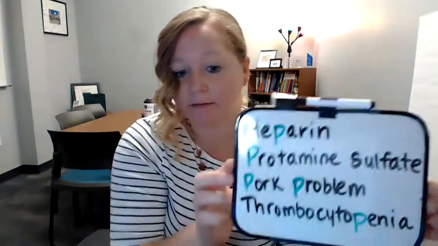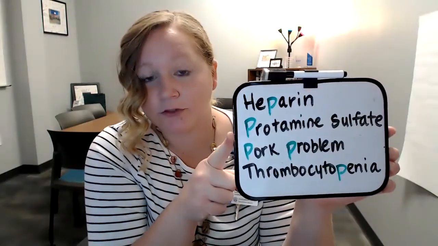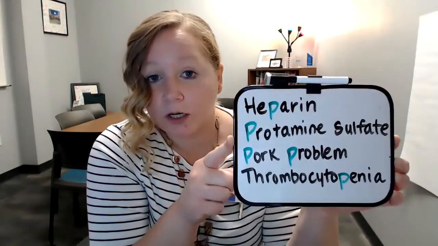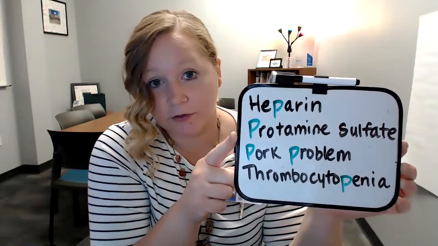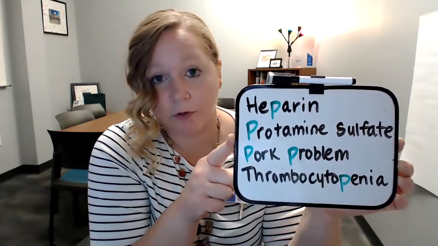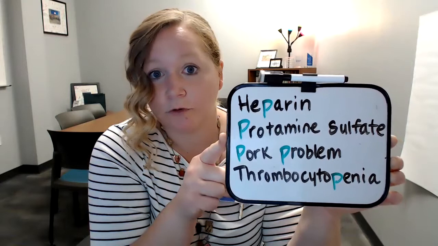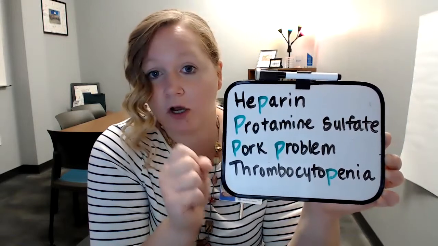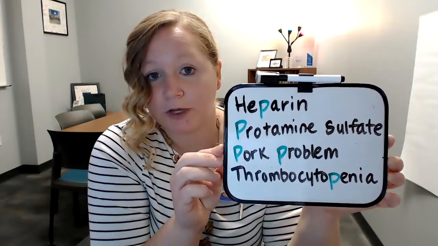Here's my heparin thing. So heparin has a P in it. The antidote starts with a P, protamine sulfate. Pork considerations. So if they have a pork allergy or if they have a pork cultural or religious concern, they shouldn't be having it. And heparin can cause the adverse effect of thrombocytopenia.